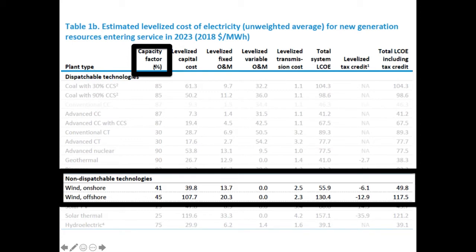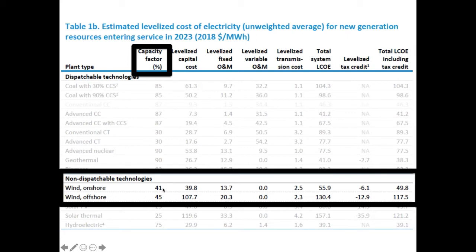Now, wind, in terms of wind turbines, has capacity factors of between 40 and 45%, meaning that over the course of an entire year, about 40 to 45% of the time, there is enough wind at a suitably high average speed that wind turbines can be spun to capture that kinetic energy of moving wind to produce electricity, meaning that 50 to 60% of the time, wind turbines are not able to capture electricity. Now, this is not a human error. This is simply the fact that the wind does not always blow.